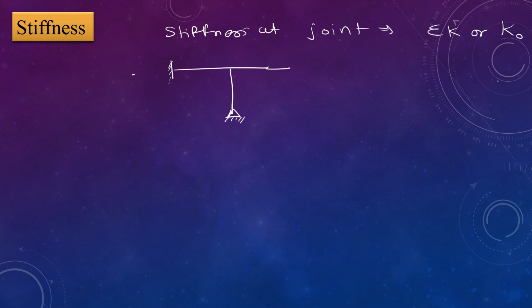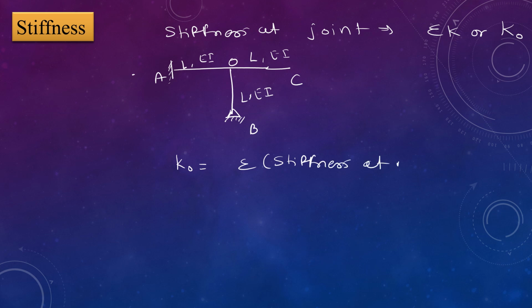The supports are A, B, C and O. L is the length and EI is the flexural stiffness for all three members. Then K naught is equal to the summation of stiffness of members meeting at the joint.